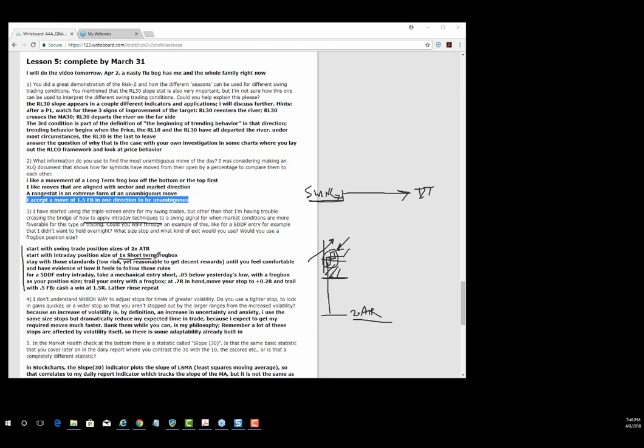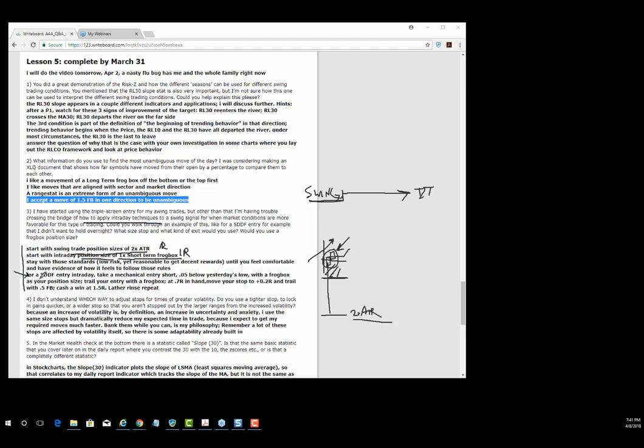So intraday, what I would do is start with a short-term frog box for position sizing, and I would stay with those two standards. Swing trade position sizing, in other words, 1R being 2 times ATR. And then if I was going to turbo, I would use the short-term frog box for the size of the intraday position sizing risk.